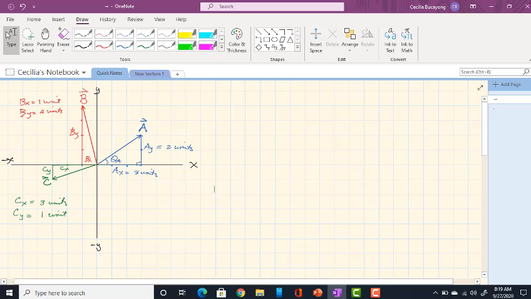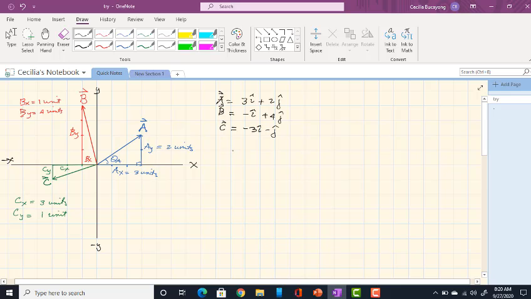Now let's continue. We did not add anything yet. So this time, let's add using our component method. Expressing a vector A in terms of components, this is equal to 3 I hat plus 2 j hat, and our vector B, negative I hat plus 4 j hat, and for vector C, this is equal to negative 3 I hat minus j hat.